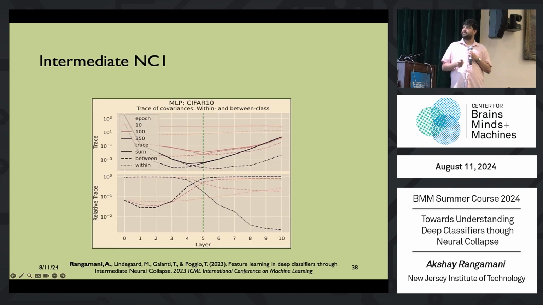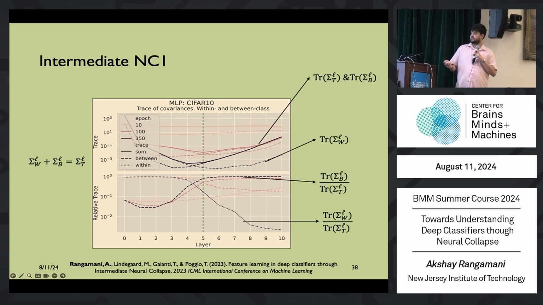Let's see what we get. If you plot the within class covariance and the between class covariance, you'll see that as you go through the network, there's a point at which your between class covariance starts dominating the within class covariance. And from there on out, the rest of the network just pushes this down. The bottom plot is relative values, and this is the absolute value.